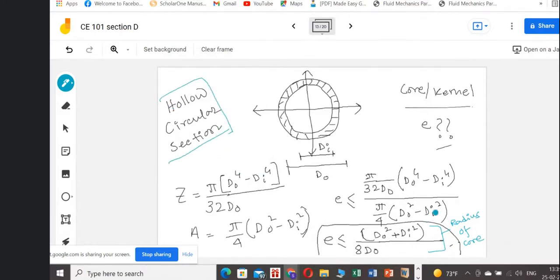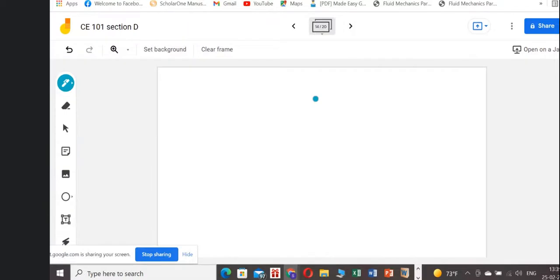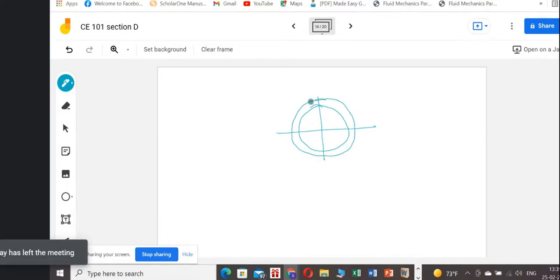If you ask to find the diameter, then simply it will be 2 into this part, that means d naught square plus di square by 4 d naught. If we want to draw this so that you can remember, this is our hollow circular section and this is the core section.